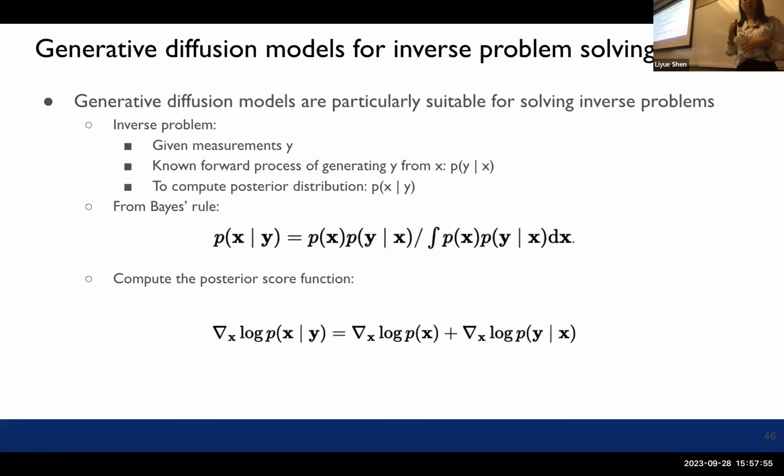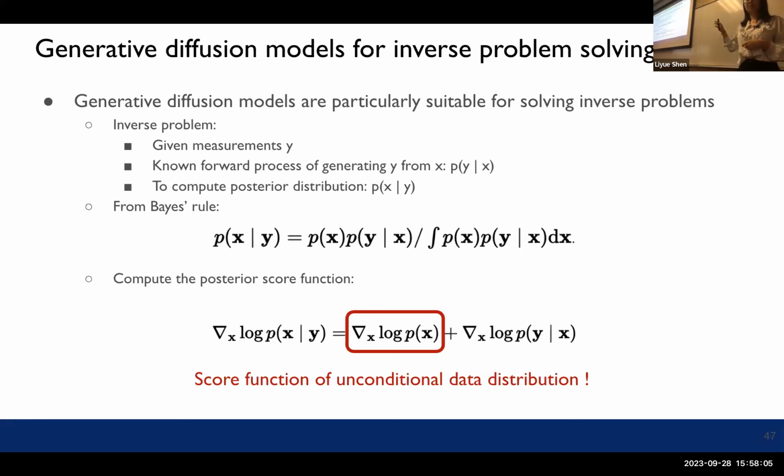If we compute the posterior score, by taking the log and also the gradient on both sides, we can get this relationship. So what does that mean? The first term on the right-hand side is the score function that we trained in the unconditional diffusion models to capture the distribution of the real data.